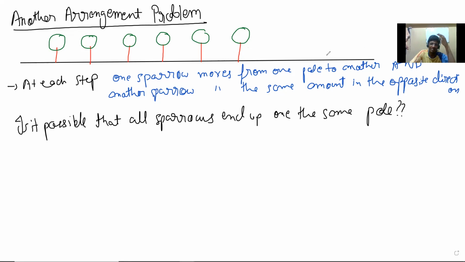Yeah, these are all a little vague, right? Because when you say that, they don't swap in that sense. It could come like this and this could also come like this, then you have three on the same pole. Because the other sparrow can move from some other pole by the same amount, but he can start from some other pole.